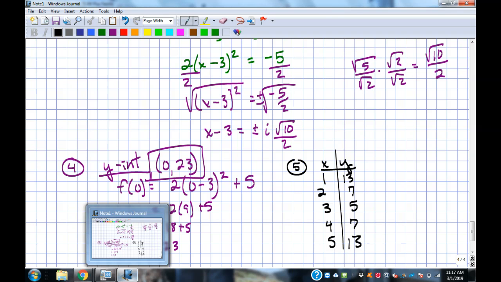So some of the questions that are assigned will have 3 equations written there, all for the same quadratic, but they're in different forms. And it'll say which form gets the y-intercept the easiest. So which one would get the y-intercept the easiest? Standard form, the very first one, ax squared plus bx plus c.